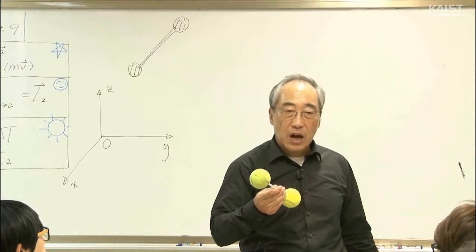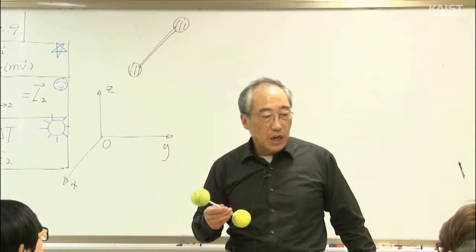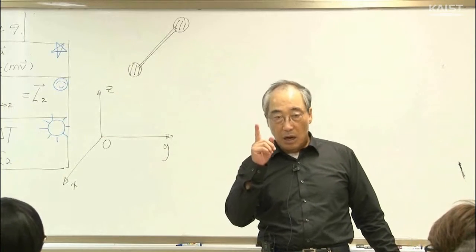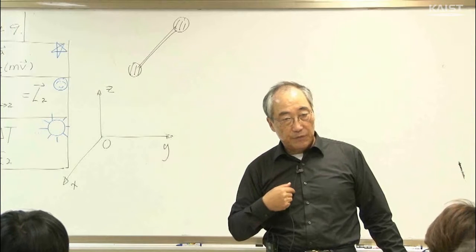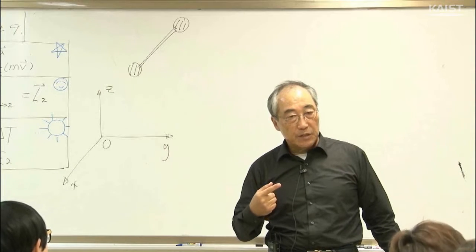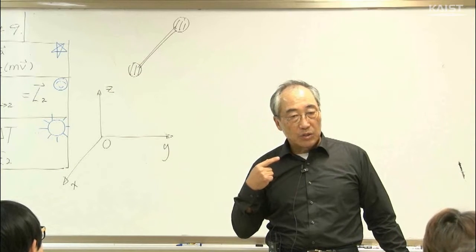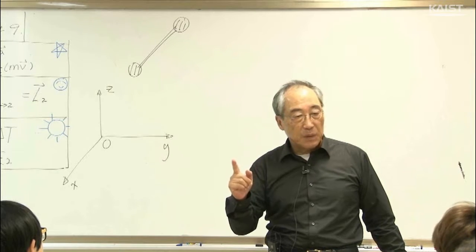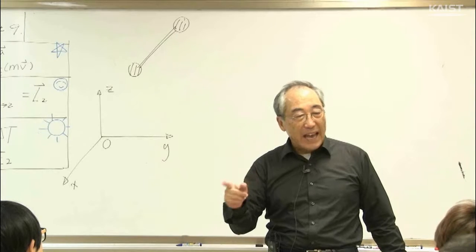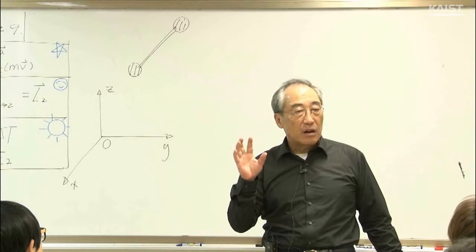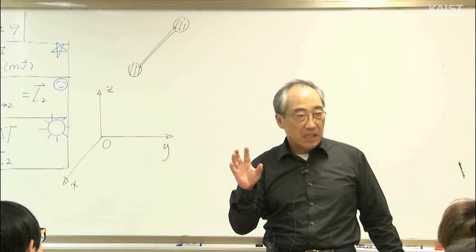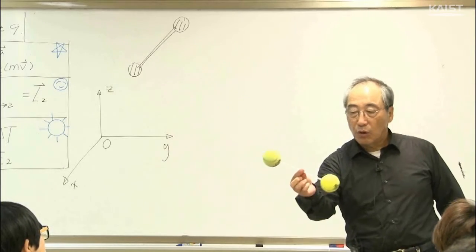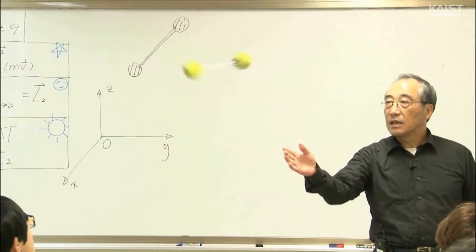So I'm going to argue that the motion which I observe from here is the combination of the motion that I observe from here. Specifically speaking, I want to see the motion of the system of particles as if all the masses are concentrated on the mass center. That's what I'm seeing, the motion over this point.